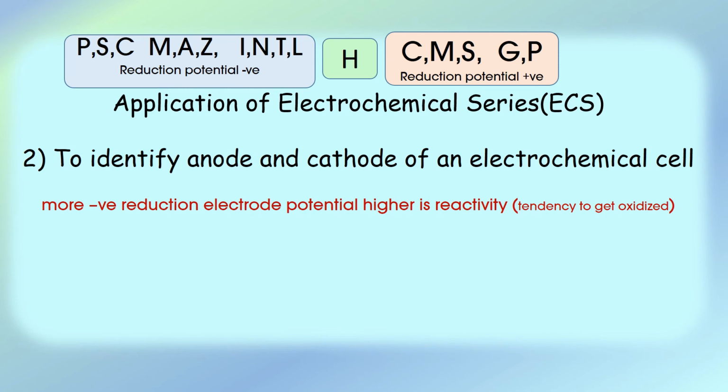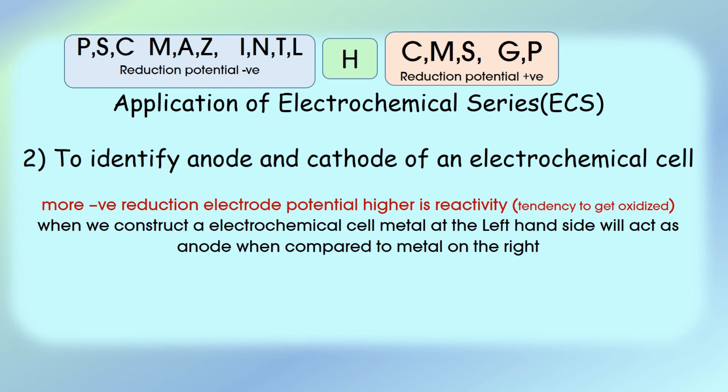It means that the more negative the electrode potential, the higher is the activity. Or rather, the electrochemical series is actually a reactivity series in which the elements are arranged in the decreasing order of their reactivity.